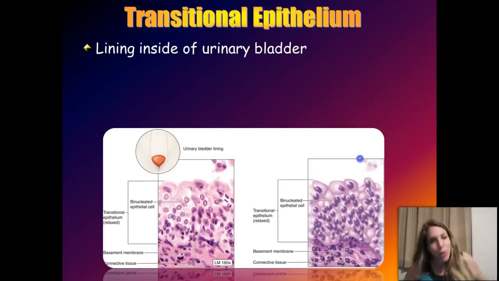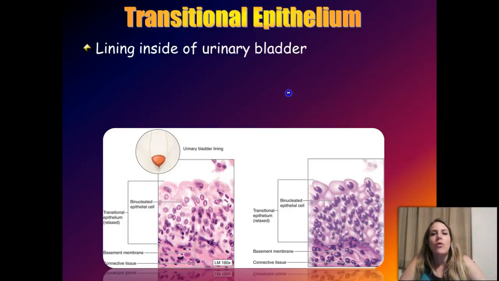And there's one more type that we need to talk about that doesn't fit any of those things, and this is called transitional epithelium. So you saw this in the video. Transitional epithelium is found in the urinary tract, like your bladder, places where you need to stretch. When your bladder fills up with urine, it stretches. And so the cells that make up the epithelial lining inside and outside of that bladder themselves stretch.